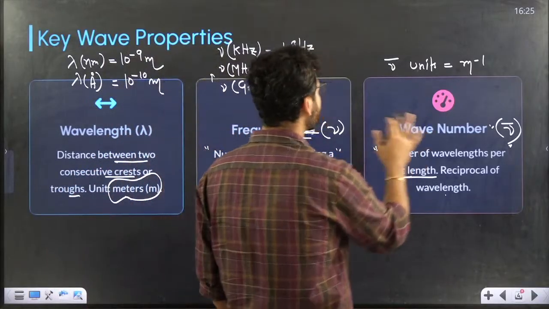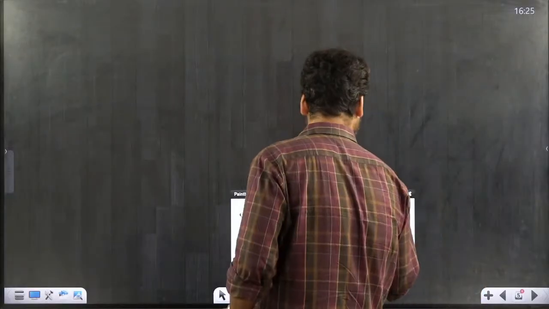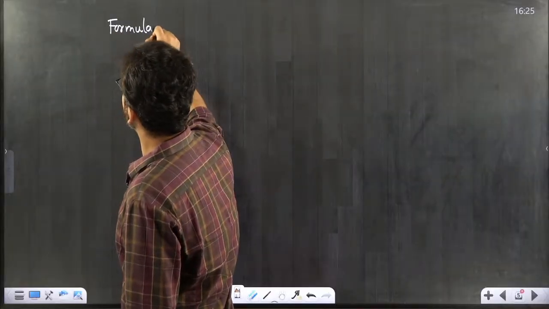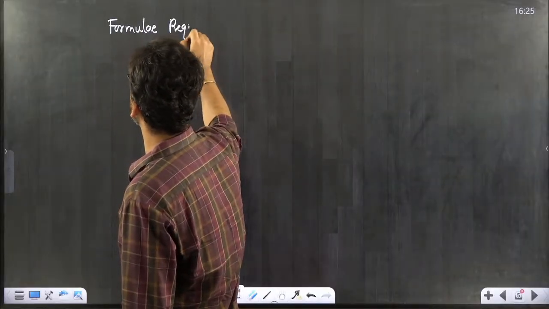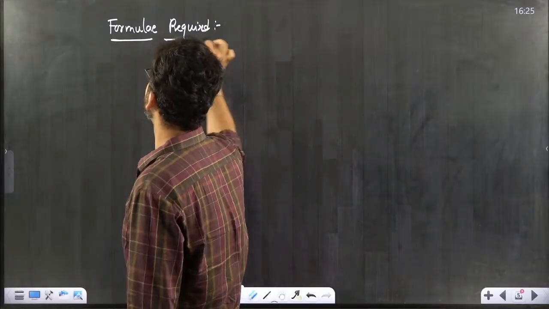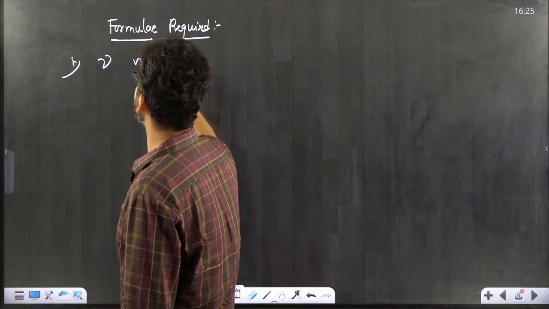Okay. Now let's talk about the formulas that we require here. Formulas required for Maxwell's theory. First formula is frequency versus wavelength.